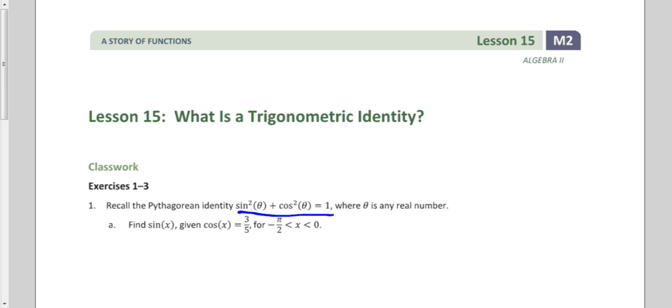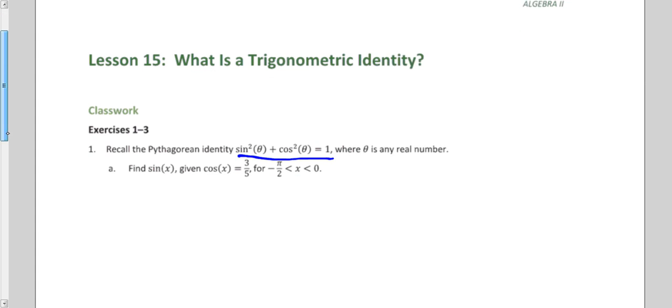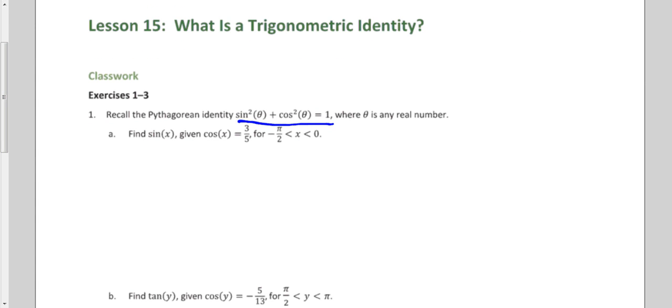Okay? Now, I want to use that proof, or I want to use that identity to find the sine of x, given the fact that cosine is 3/5. So, how do I do that?